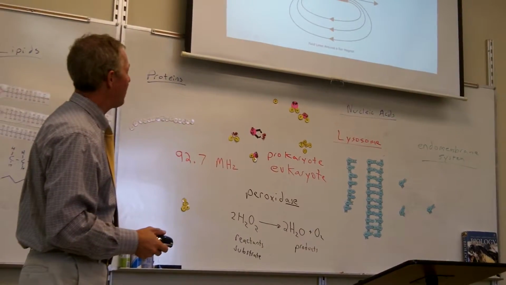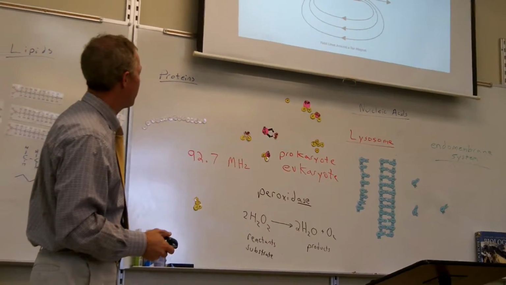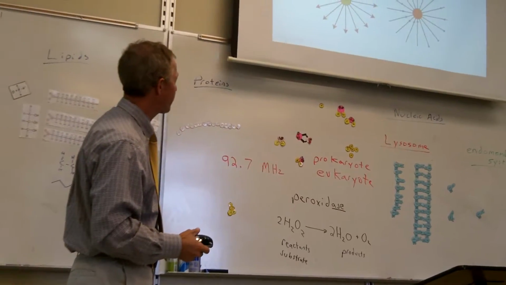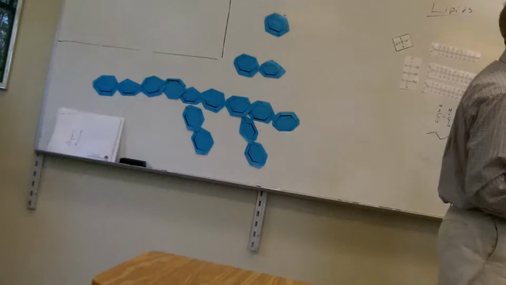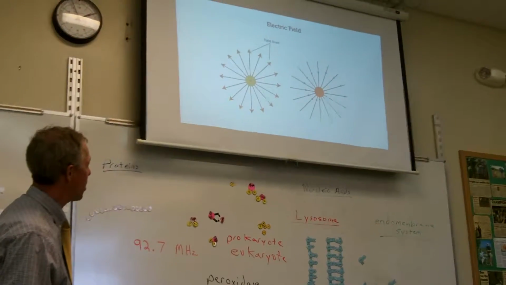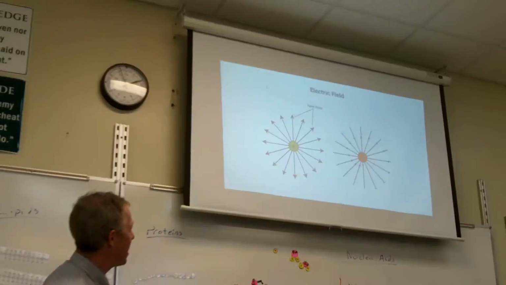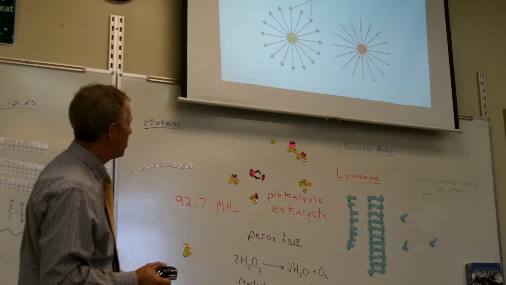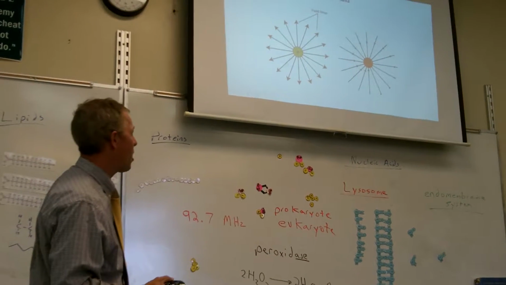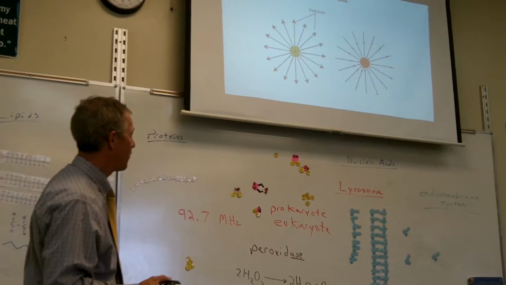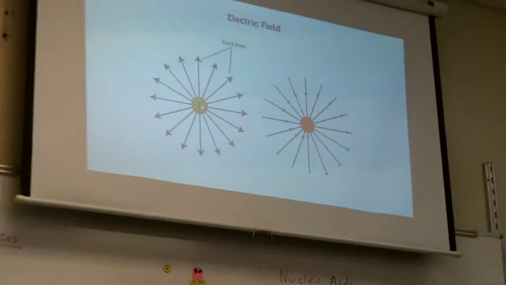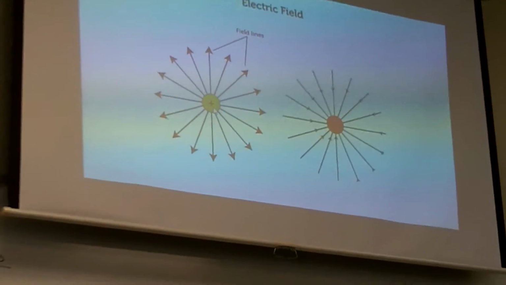So every charged particle has a magnetic field associated with it, and an electric field. This is a positively charged particle, and anything that has a positive charge will have an influence on anything around it that is also charged. You see that influence drawn by these field lines here. Let's say this is a positively charged particle, like a proton.